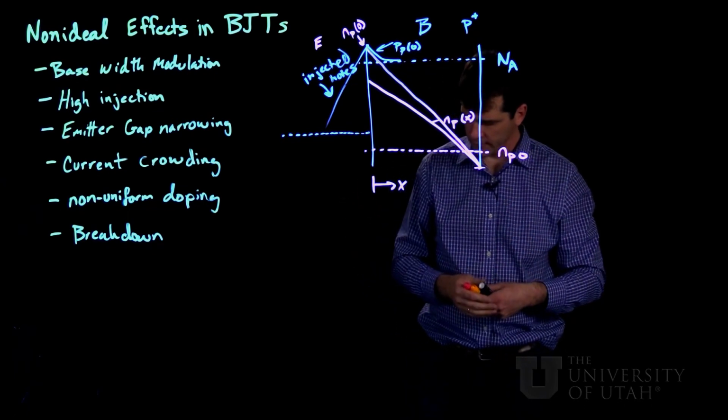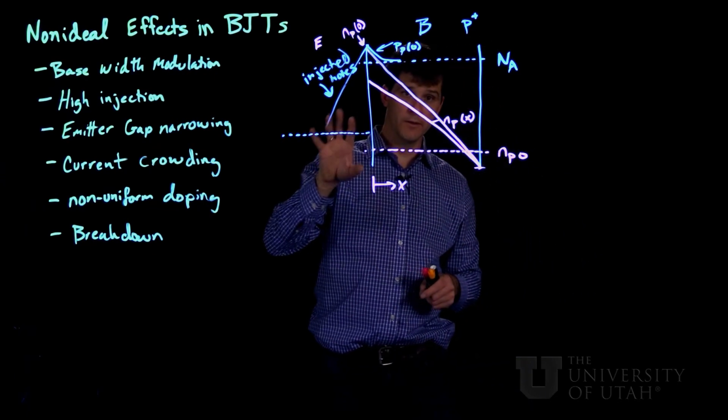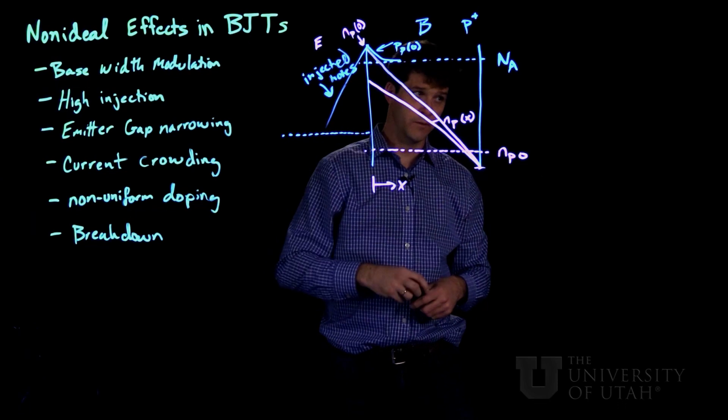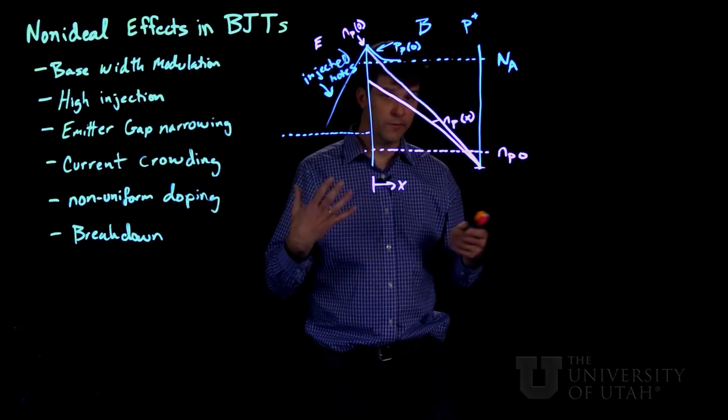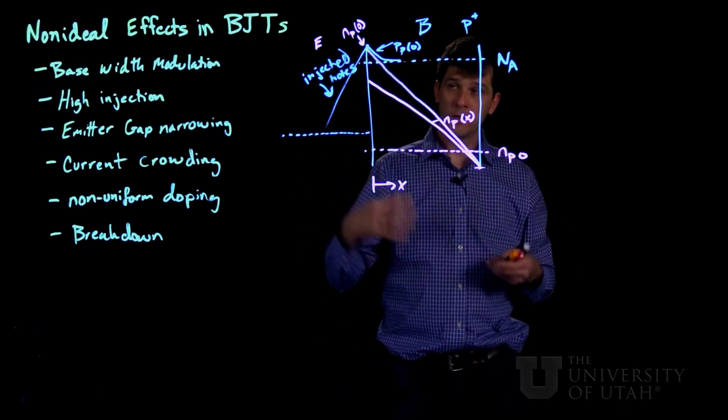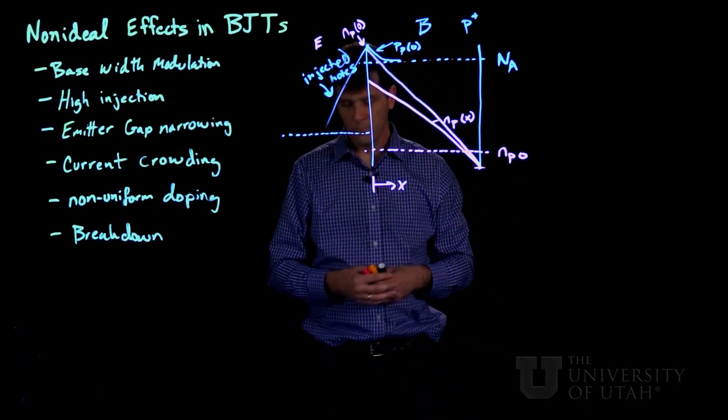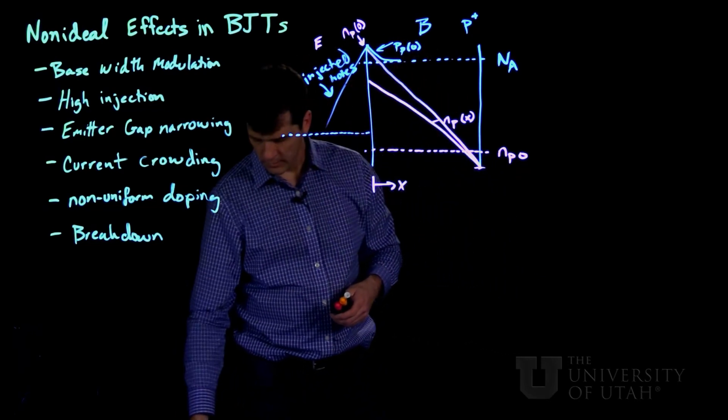And that's going to decrease our emitter injection efficiency, which, remember, is one of the factors that goes into determining our gains. So high injection is going to decrease our gain performance.